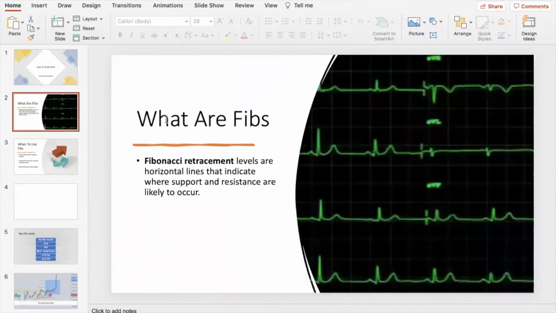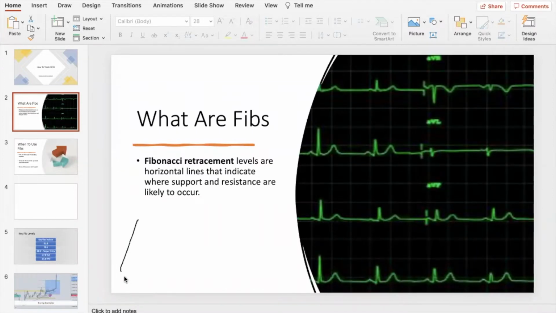So first things first, what are fibs? Fibonacci retracement levels are horizontal lines that indicate where support and resistance are likely to occur. So this is the standard definition, but simply, Fibonacci retracements are used to pretty much indicate where price will pull back to.